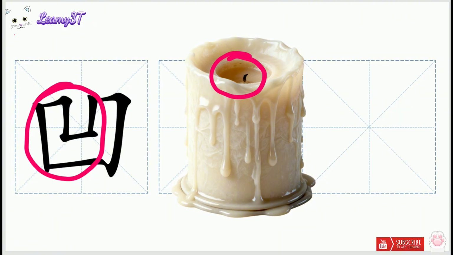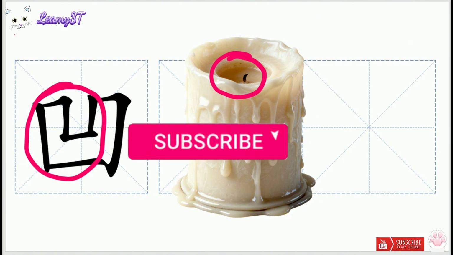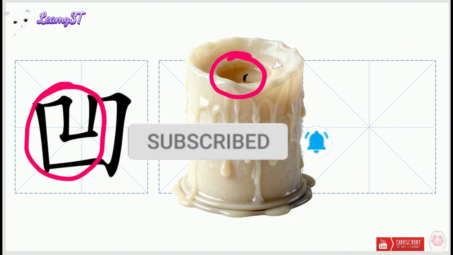And that missing part, doesn't it just represent a low-lying area or concave? In future lessons, I will explain the origins and the structures of Chinese characters. If this is your first time watching my video, please follow me and stay updated for new content.